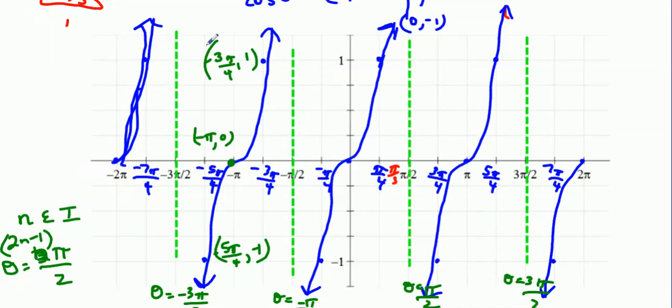So I've labeled 3 points. I have my asymptotes labeled, and I just need to put my function on there. So this is going to be f of theta, or y, I think it said, is tan theta. Okay? All right, and arrows on the end of each of these parts. Okay.